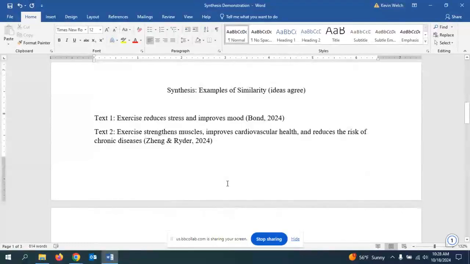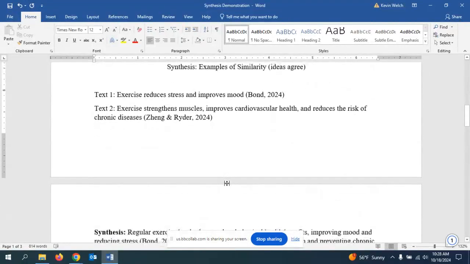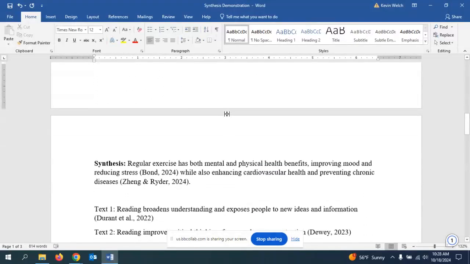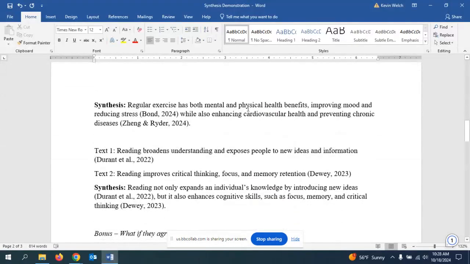Okay, if I am looking at examples of similarity, like exercise reduces stress and improves mood, exercise strengthens muscles, improves cardiovascular health, and reduces the risk of chronic diseases, you can merge them together, just like here. Regular exercise has both mental and physical health benefits, improving mood and reducing stress, Bond 2024, while also enhancing cardiovascular health and preventing chronic diseases, Zeng and Ryder 2024.